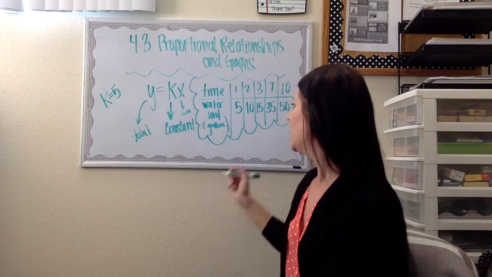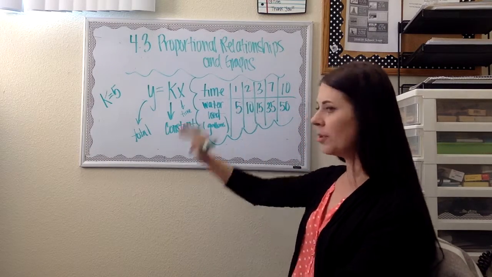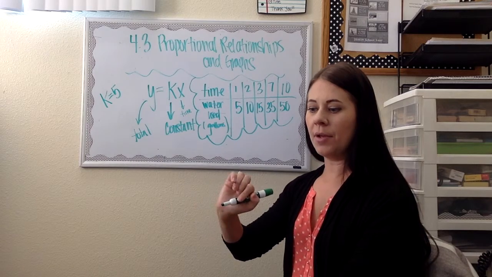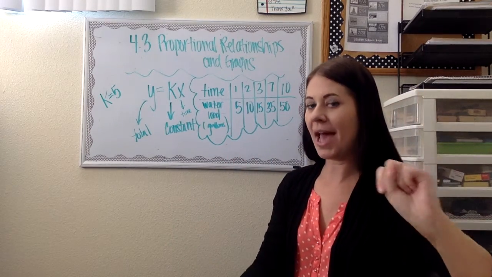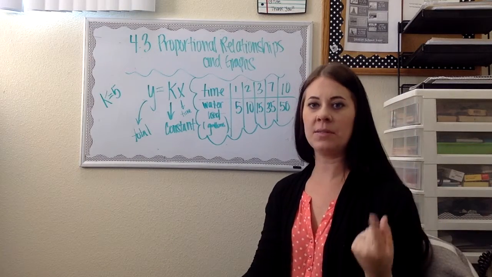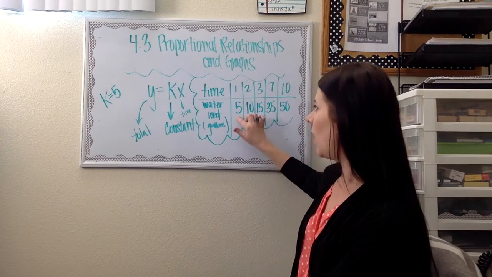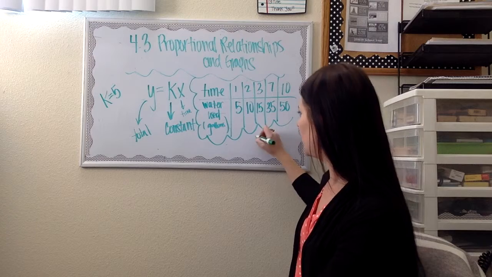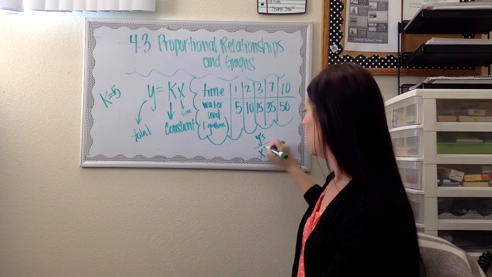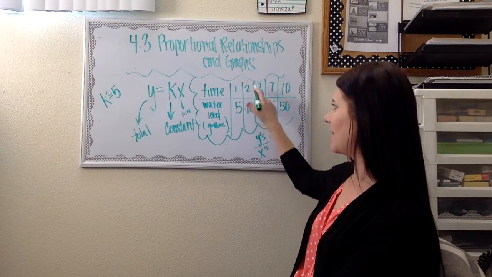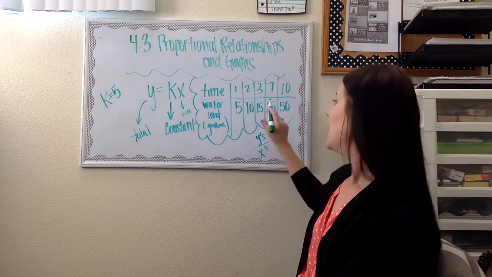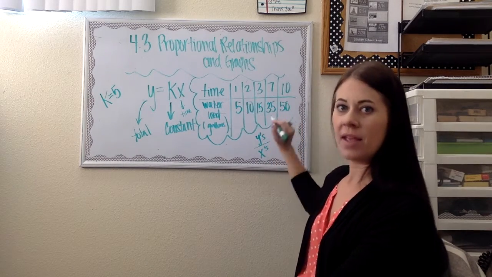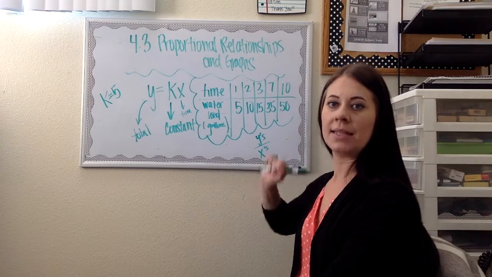Now, we know this is proportional. Right now, with what I've taught you so far, and then I'm going to teach you one other way to check, we know this is proportional because when I do y's over x's, I get the same number. 5 divided by 1 is 5. 10 divided by 2 is 5. 15 divided by 3 is 5.